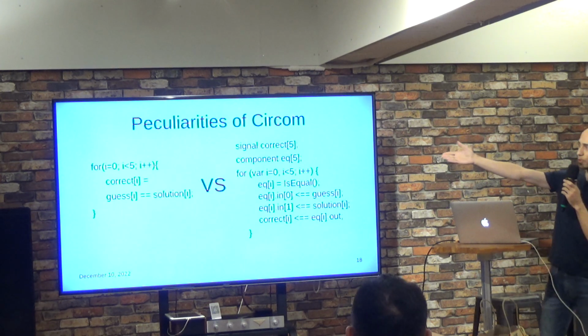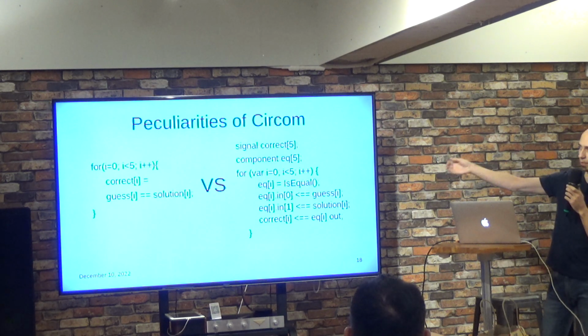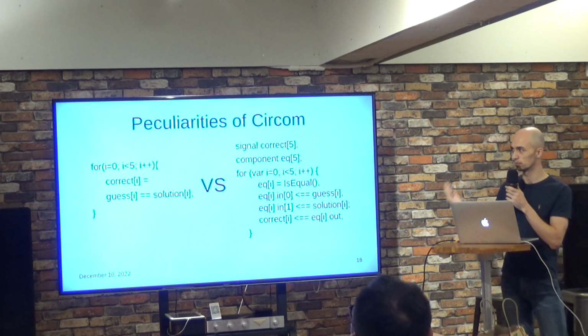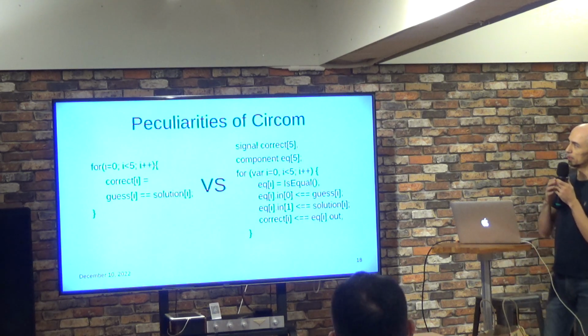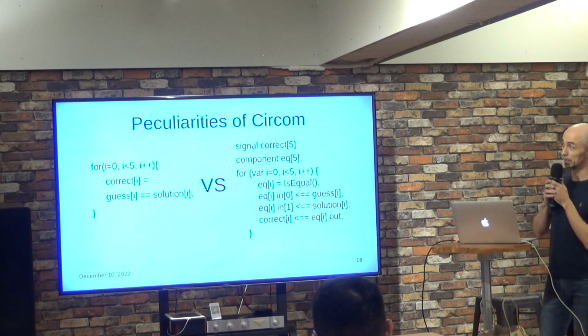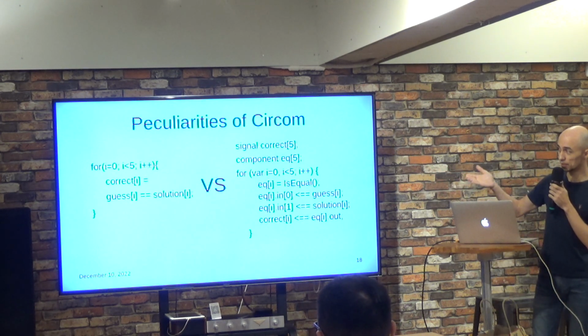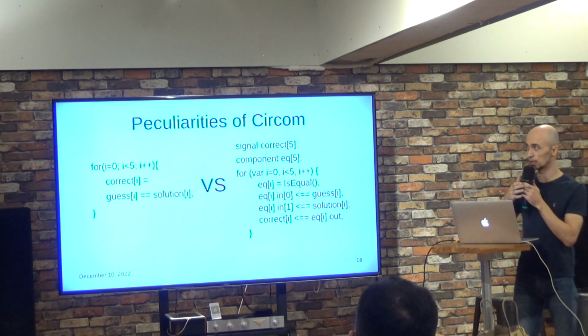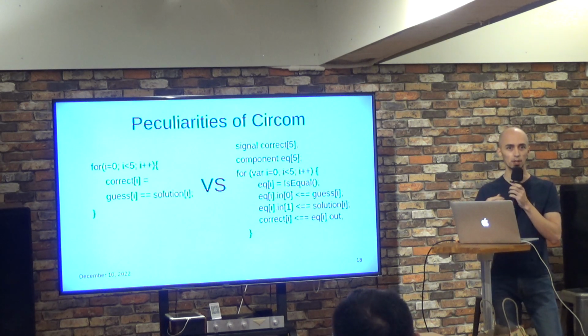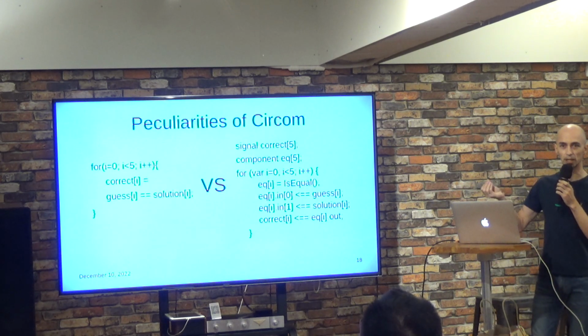So something that we could do in just one line of code inside a for loop in probably any modern programming language, in CIRCOM, unfortunately, we need to do in a couple more lines of code. Here, we are using a special component just to check the equality.